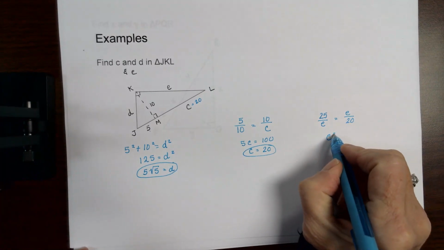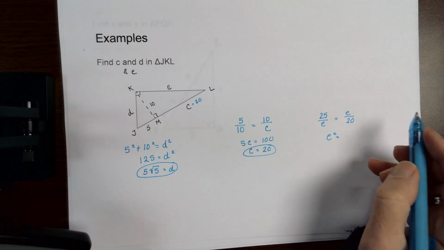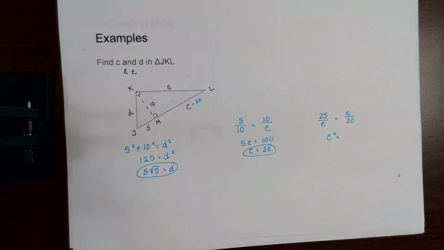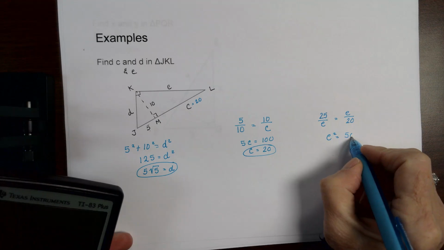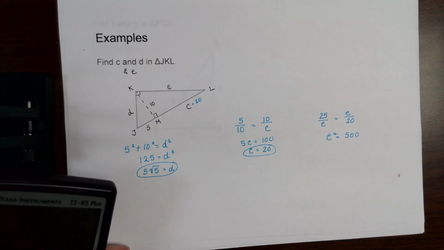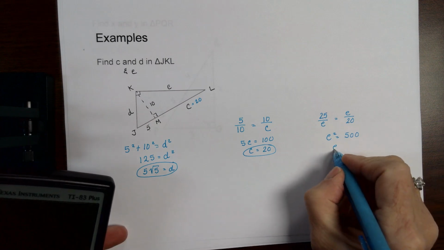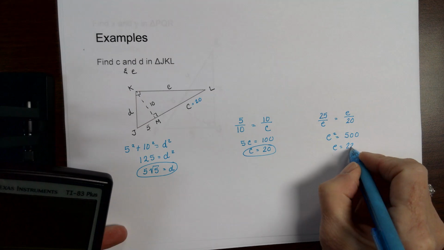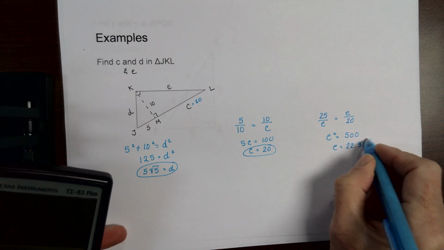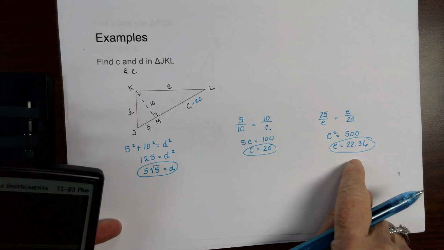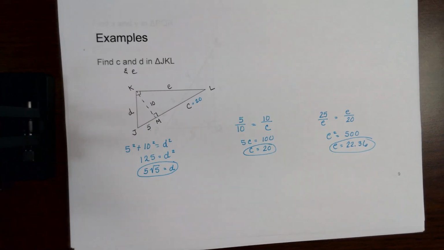So I have e squared, and when I multiply this out, that's going to give me 500. And then I'm going to take the square root of 500, which again, you could either break it down or you can get the actual value for it. Totally up to you. I did it one way here and another way there, but either way is acceptable.